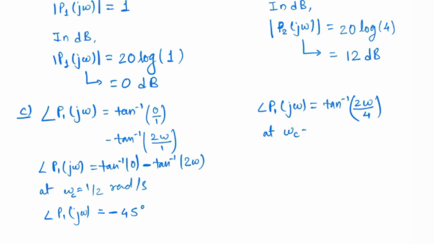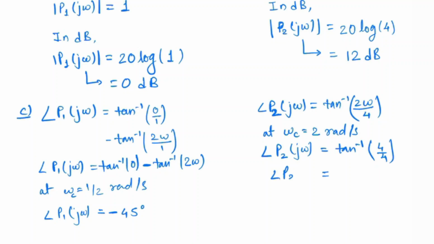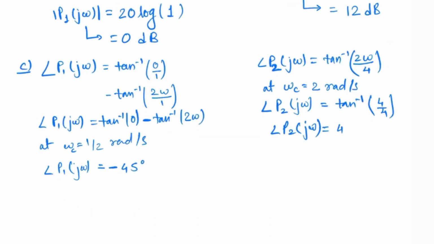So at omega c equals 2 radian per second, we get, so this is P2, angle of P2 of j omega is tan inverse 1, that is 45 degrees on the positive side.